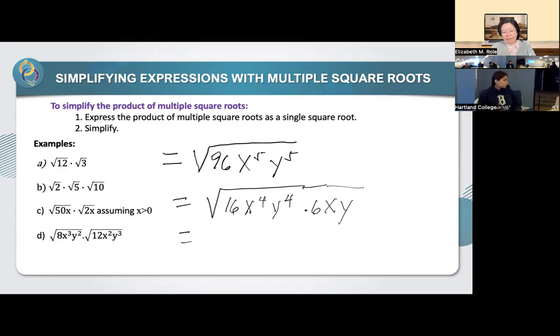Therefore, final answer: the square root of 16 is 4. Square root of x to the 4th is x squared. Square root of y to the 4th is y squared. What remains as a radicand would be 6xy. Yes. Good.